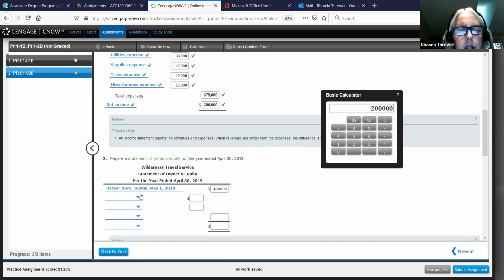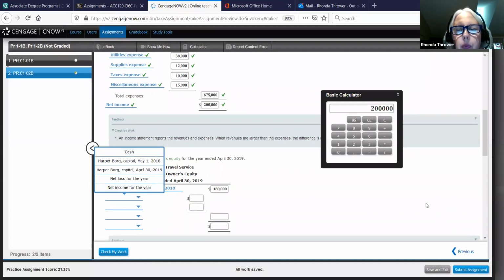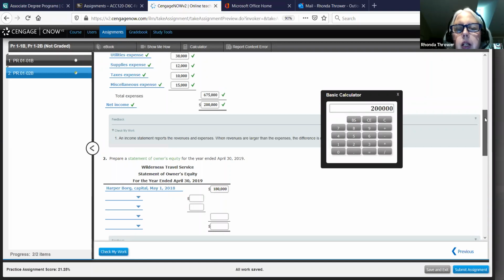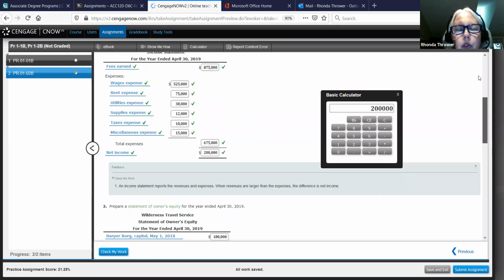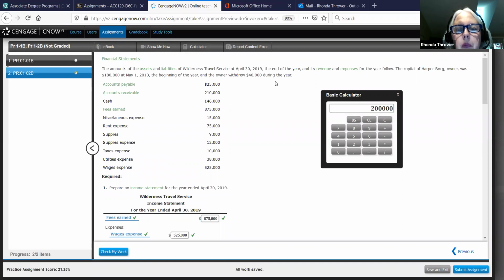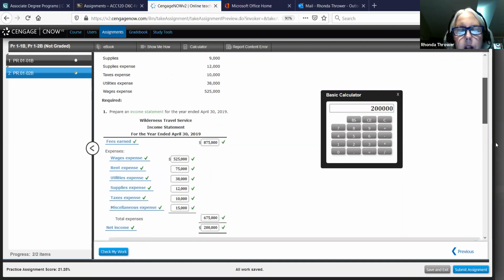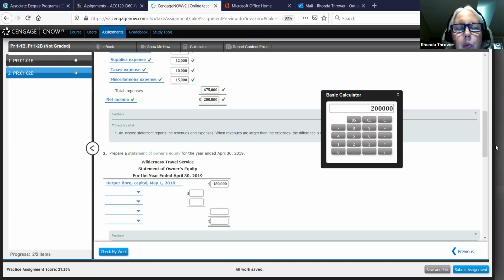I don't see one. So let's see what we've got here. We don't have a choice of listing the owner's investment for this period of time. If you do have an owner's investment during this period of time, they would have told you in the additional information for this company. So there was no owner's investment during this period of time.